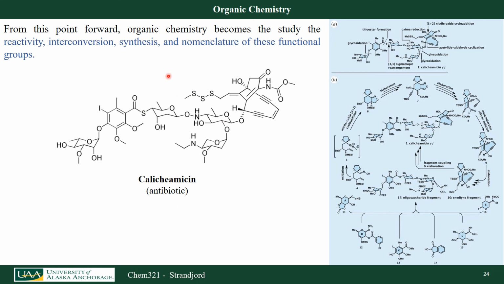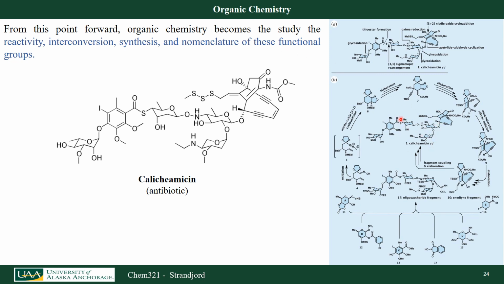This molecule is actually the same molecule as we showed on the second slide. And you can see there are all these different functional groups in here. This is an antibiotic, calichiamycin. And from this point forward in this class, we're going to be talking about the organic chemistry and how we can look at the reactivity, interconversion, synthesis, and nomenclature of all the functional groups that we just talked about.